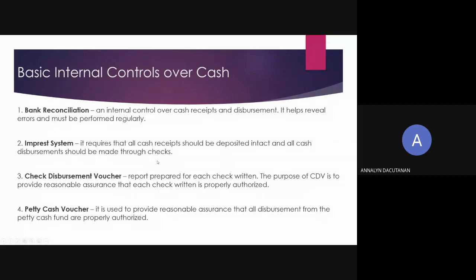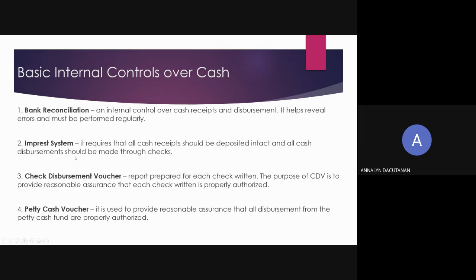By doing that, you can be sure na lahat ng cash na hawak-hawak mo madi-deposit at lahat ng expenses mo is being recorded or is being transacted through checks. So meron kang proper monitoring of your expenses.